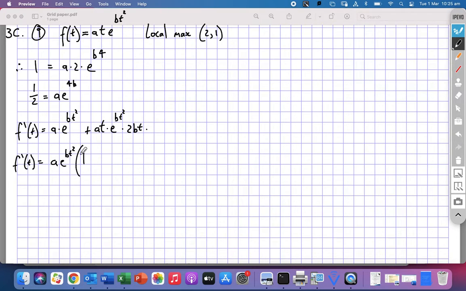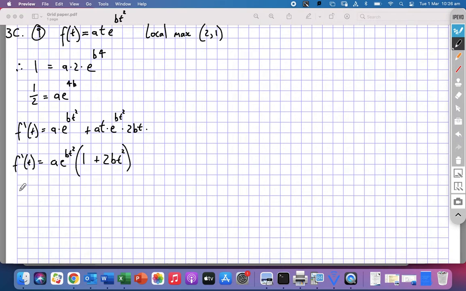First term, if I factorize, I'm just left with 1. And we'll have to be careful and see what's left over here. We've taken out the a and the e term, so we're just left with a t. Got another t there. So what if I write 2bt squared?